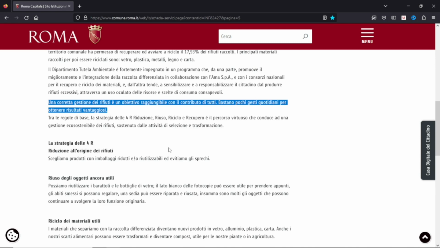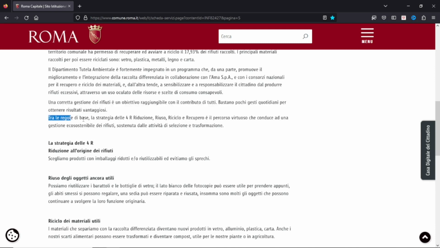A correct management of refuse is an achievable objective if everybody contributes. It doesn't take a lot of work every day to achieve advantageous results.